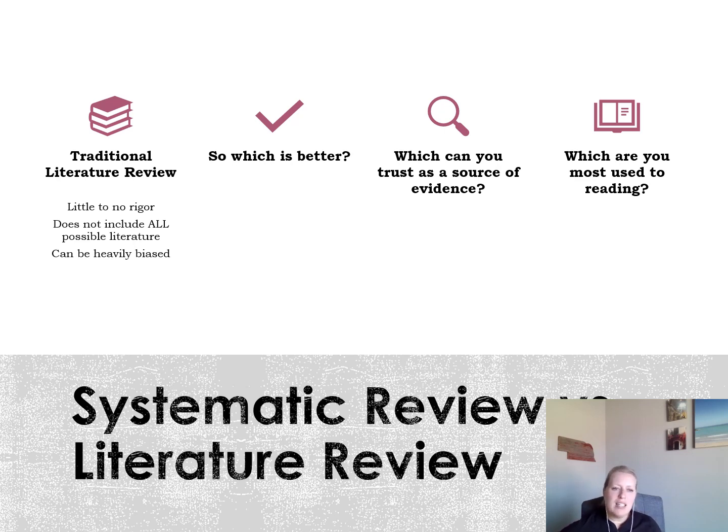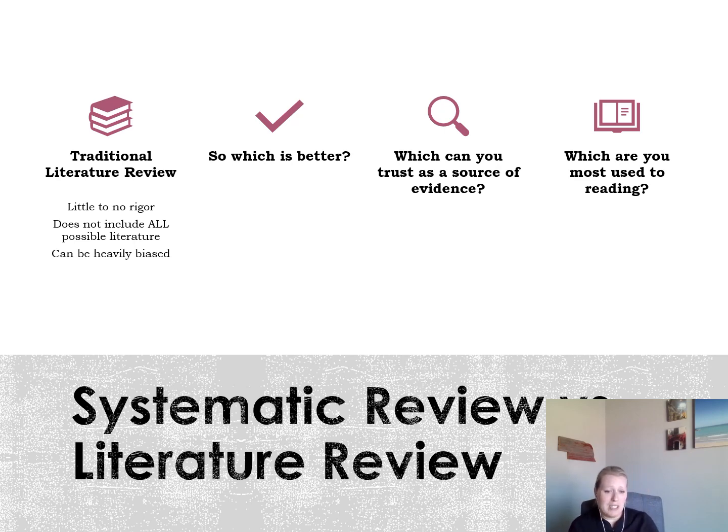So there's really not a lot of rigor. There's not a lot of meat to that review, and it can be heavily biased. If you have all this literature in front of you and you choose the two articles that are your favorite, you're going to be biased about what you choose to support what you think.